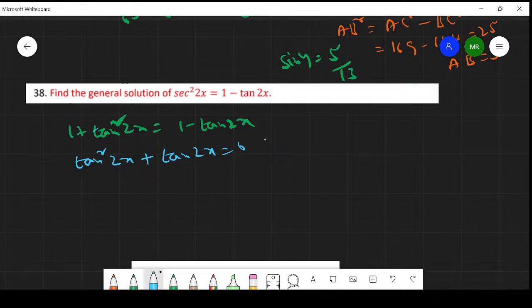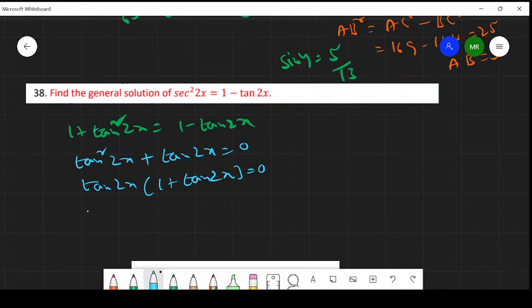Take tan 2x common, it comes tan 2x times 1 plus tan 2x equal to 0.